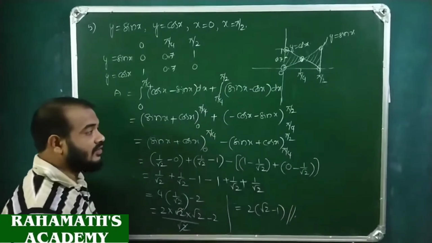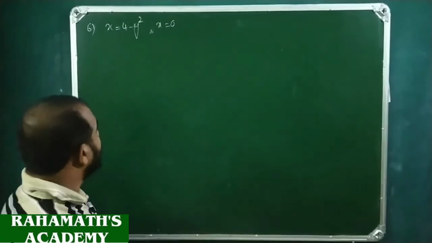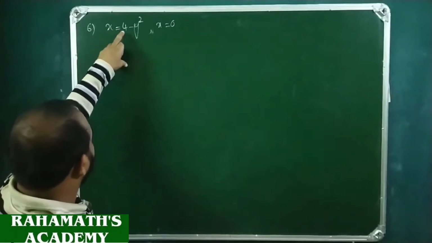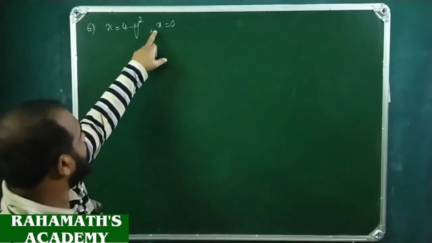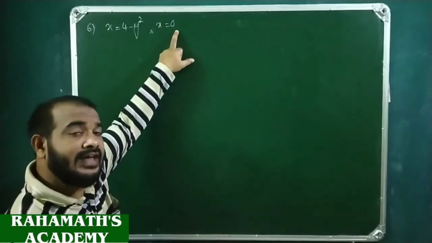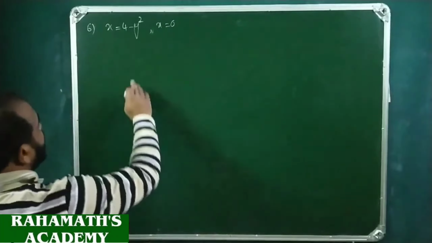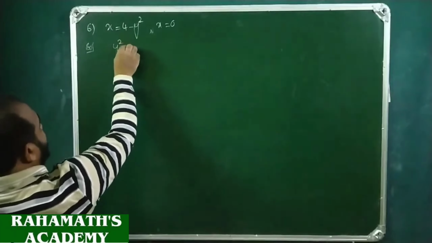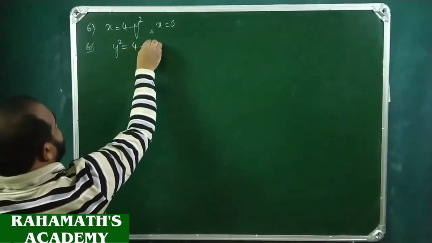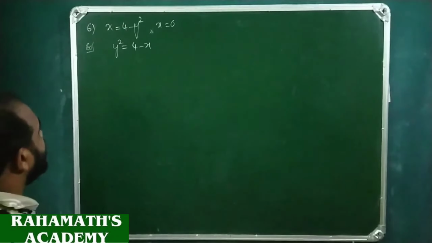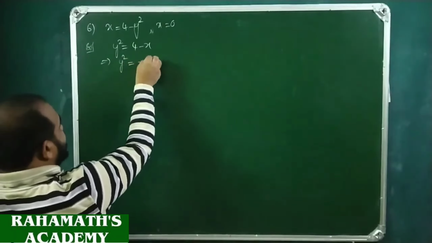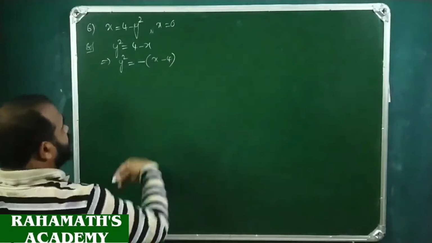So this is the area. The area of the region bounded by the curve x equals 4 minus y square, and x equals 0, which means the y axis. This can be written as y square equals 4 minus x, which is y square equals minus of x minus 4.